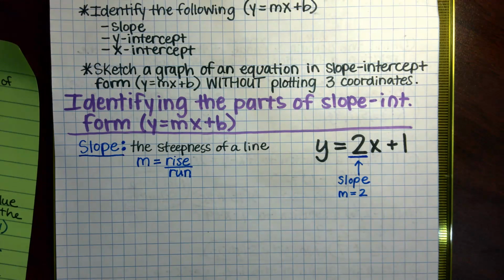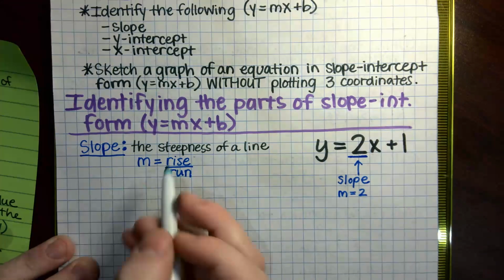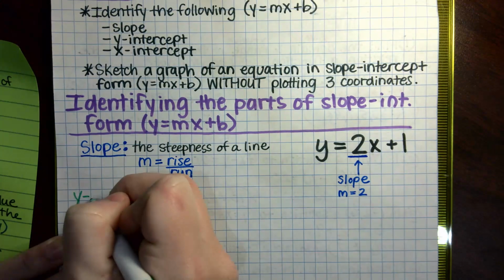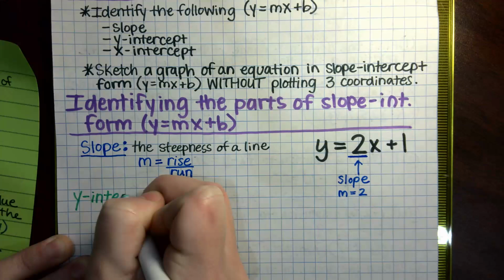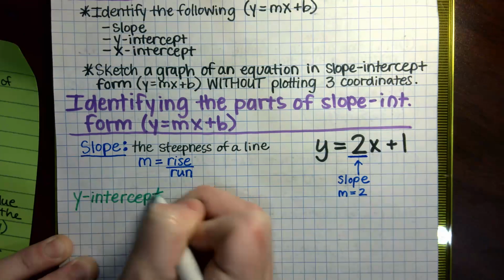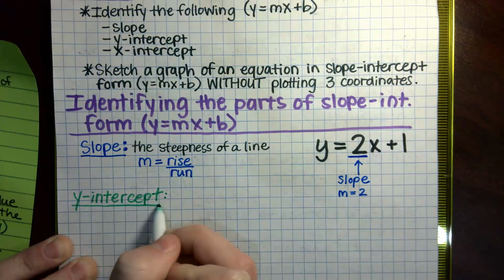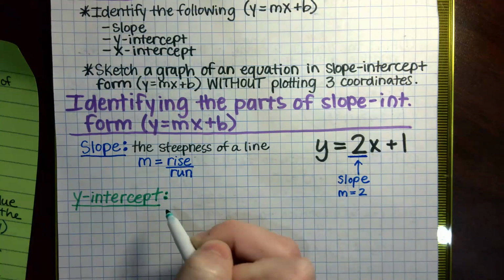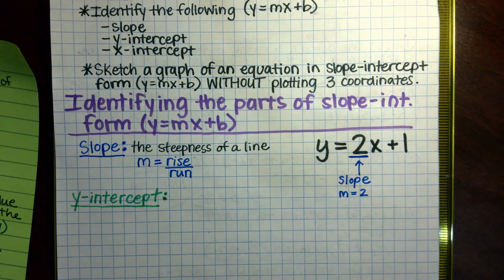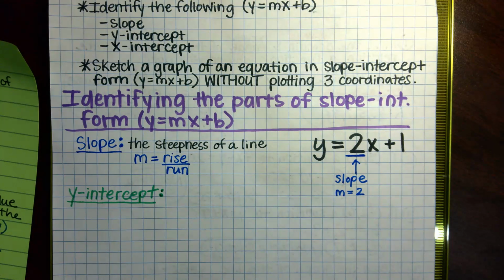Now let's move on and look at y-intercept. So I'm going to start a new term right next to, or under here, y-intercept. And a y-intercept is just the value or the number, the point where a line crosses over the y-axis.